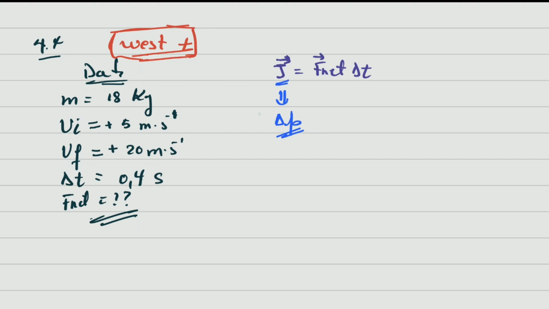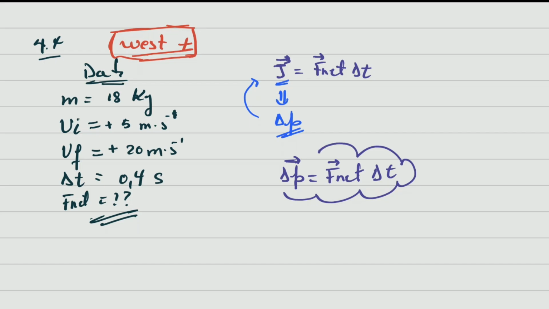So if we substitute, we have that the change in momentum is equal to net force multiplied by the time. And this formula is the one that you have in the formulas given to you in the exam, guys. Now, change in momentum is final momentum minus initial momentum.